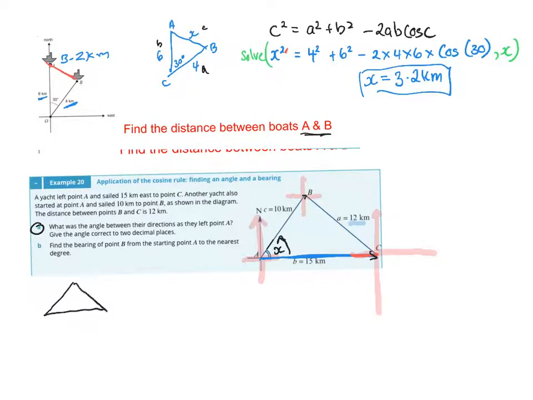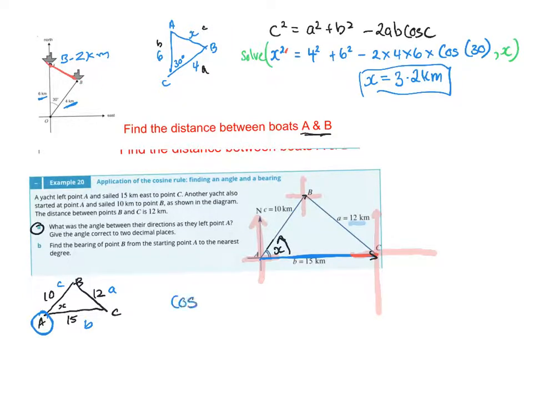You've got a triangle like that, you want X, this one's 10, this one's 15, and this one's 12. Oh, they've already labelled it A, B, C. So this is little a, this is little b, and this is little c. So they want angle A for that first one.